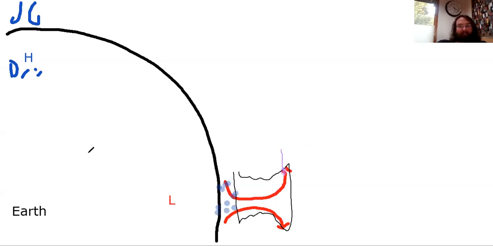Until somewhere between 20 and 30 degrees away from the equator, you get this geostrophic flow known as the jet stream.